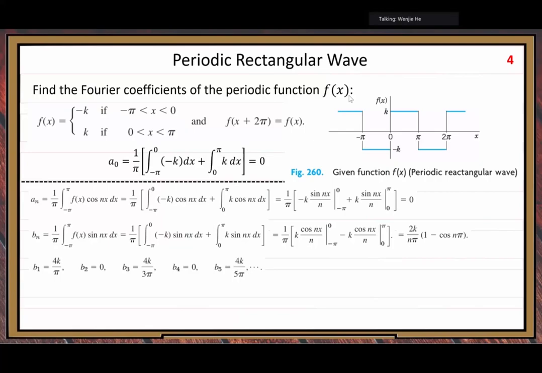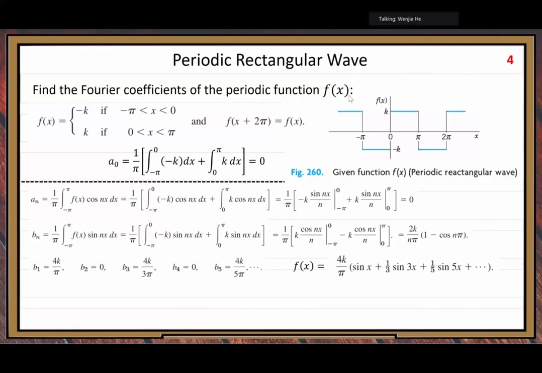You plug in, so cosine of n pi. The B coefficients with even subscripts are also 0: 2, 4, even, since 1 minus 1 gives 0.